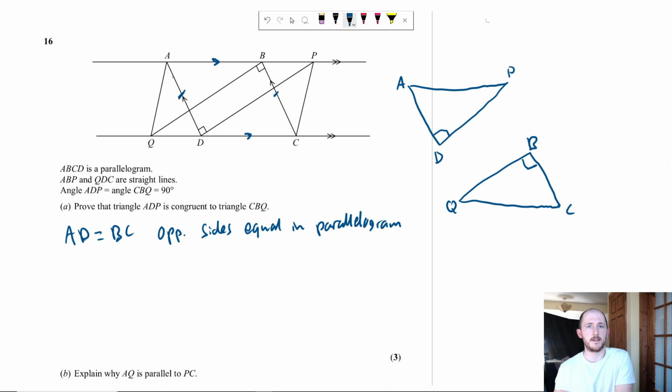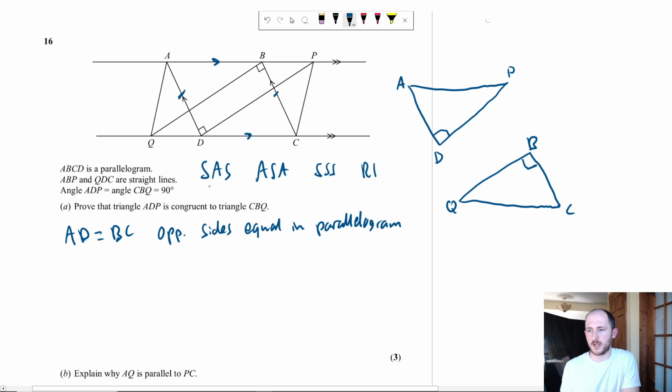You absolutely can. So when we're talking about congruency, you're looking at things like SAS, ASA, SSS and RHS, right? The A stands for angle, the S stands for side. RHS means it's a right angle triangle with the same hypotenuse and one side the same.